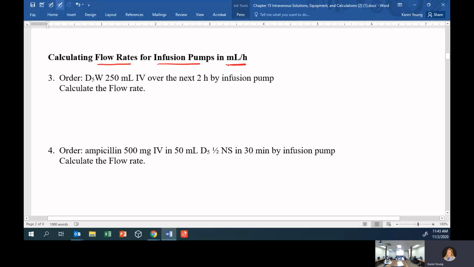And I know you can go in and program these infusion pumps, and you can put 250 milliliters as your volume, 2 hours as your time, and it will give you the correct rate. That's all fine and dandy, but what if the buttons stick and you hit the wrong button? How would you know it?